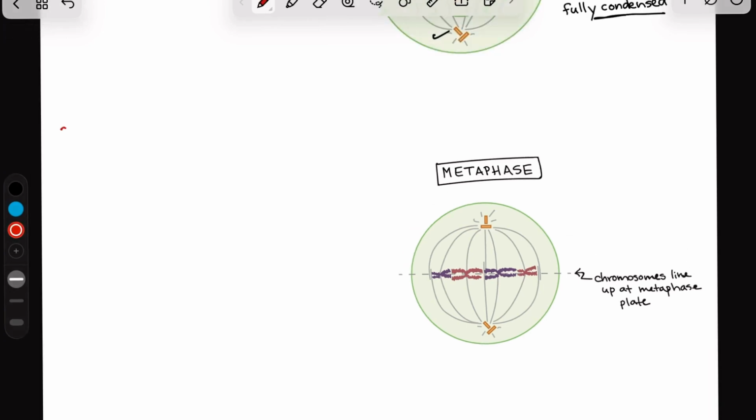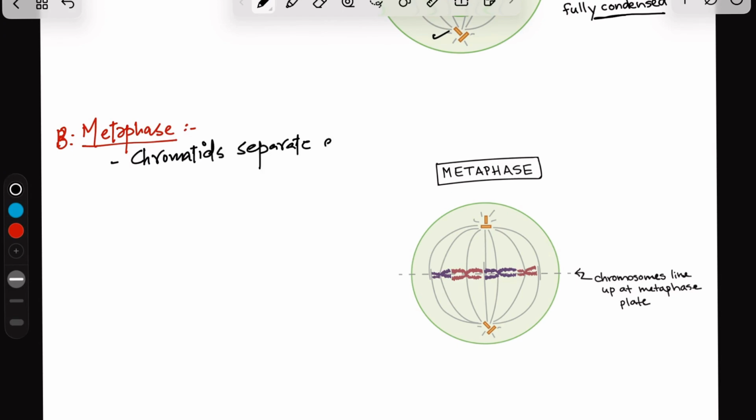Now comes the metaphase stage. Here in this diagram you can see that in this stage each chromosome becomes more compact and short. Chromatids separate except at the centromere, which has not divided so far.